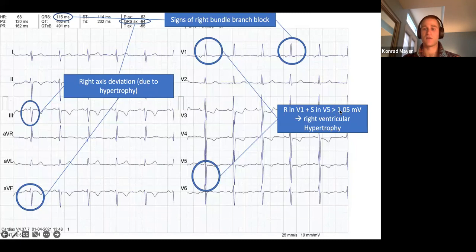If that is greater than 1.05, and it's clearly bigger than 1.05, it's almost 2.3 here, then we have right ventricular hypertrophy. So these are all signs of right ventricular demand that is of chronic nature and which are indicative of pulmonary hypertension. If any, I don't see, oh, here's the chat.